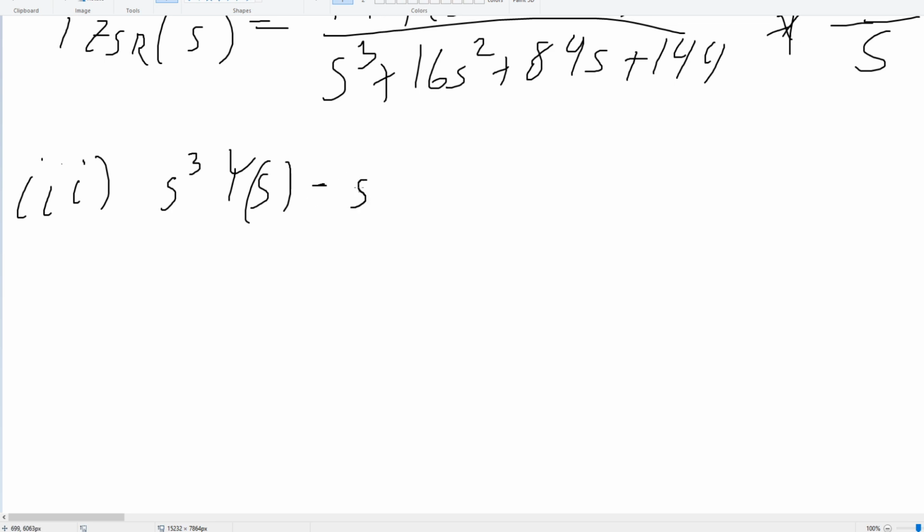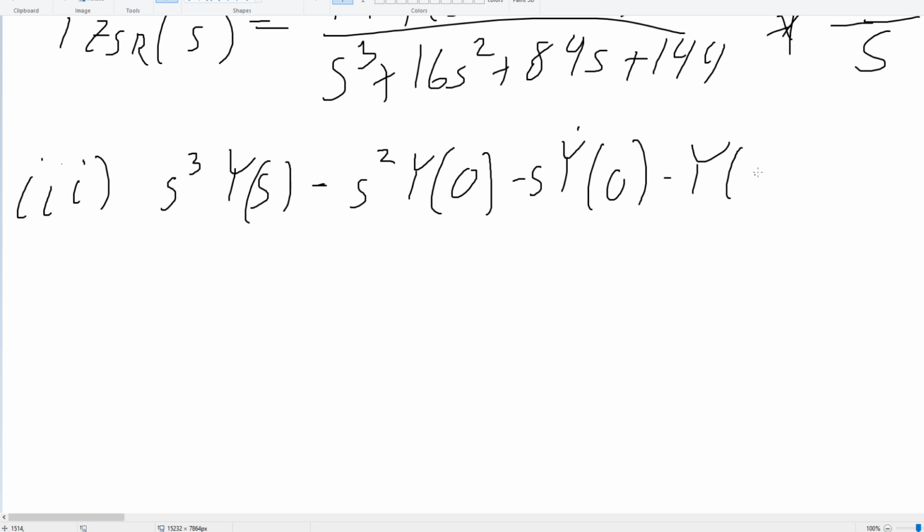And it's going to look pretty much the same, but all the other y values are not going to say s, they're going to say 0. So minus s squared y of 0, minus s y dot 0, minus y double dot 0. This is a lot of stuff to write.